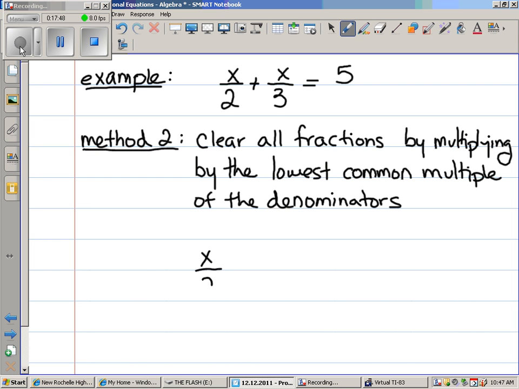Here's our original equation. Now, what is the least common multiple of the denominators? What is the LCM of those bottom numbers? Yeah, it's the same number that you would have chosen to combine them. The LCM of these denominators is 6.